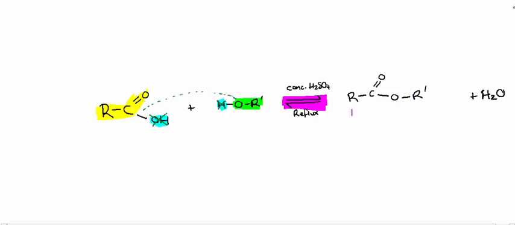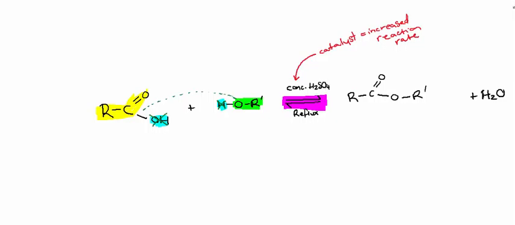So if you're trying to produce just an ester, further steps of purification will be required to isolate that ester by itself. Just to note again that the concentrated sulfuric acid that is used acts as a catalyst, and that increases the rate of reaction so it occurs in a reasonable time period.